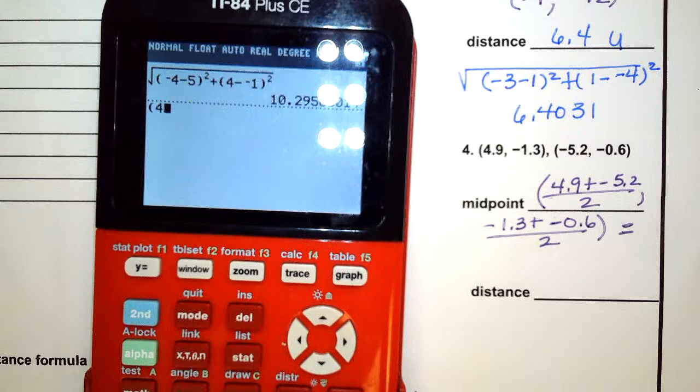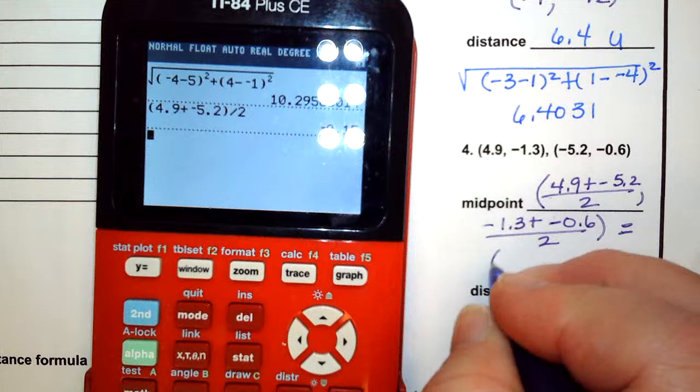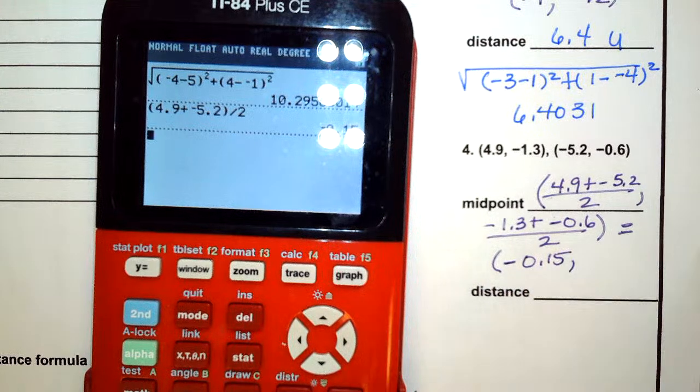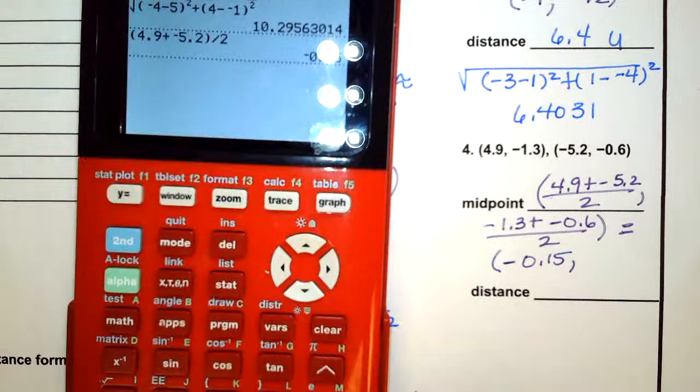Okay, parentheses, 4.9 plus negative 5.2, close it, and then divide by 2. I get negative 0.15. Now parentheses, negative 1.3 plus negative, not minus, negative 0.6, close it, divide it by 2.